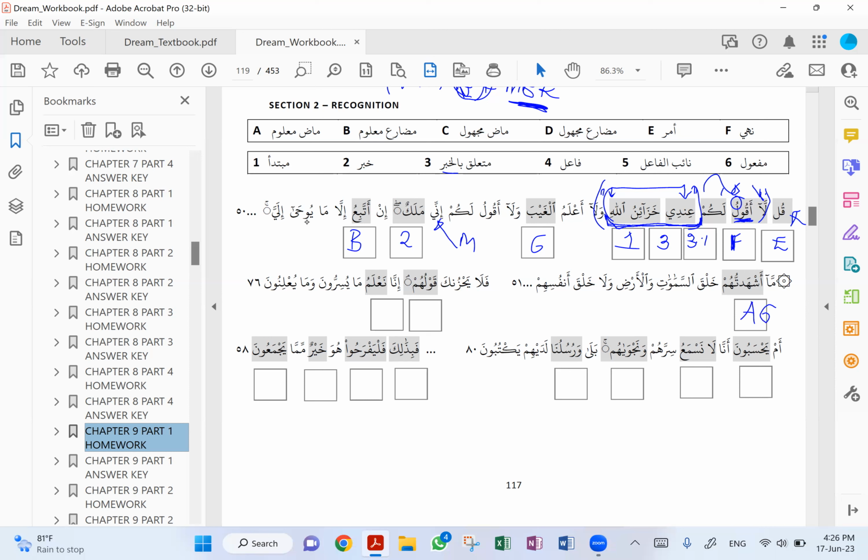And then we have فلا يحزنك قولهم. What do you guys think? مفعول به. قولهم, it's رفع. Oh, it is a فاعل, outside فاعل. So this is our outside فاعل.